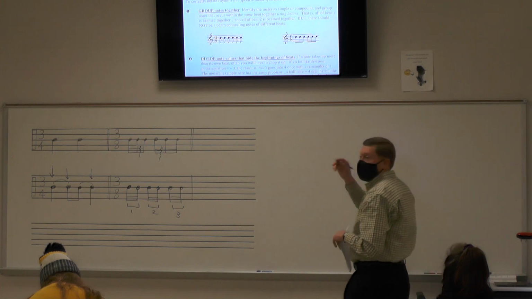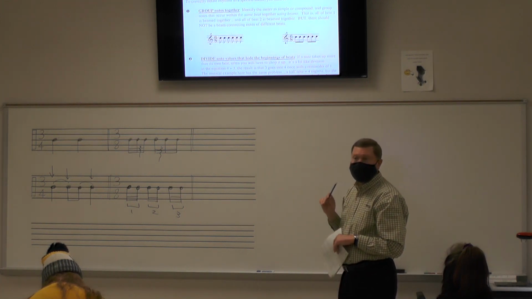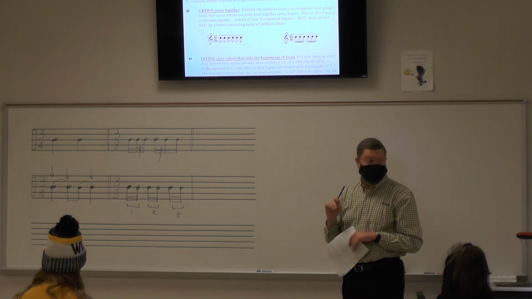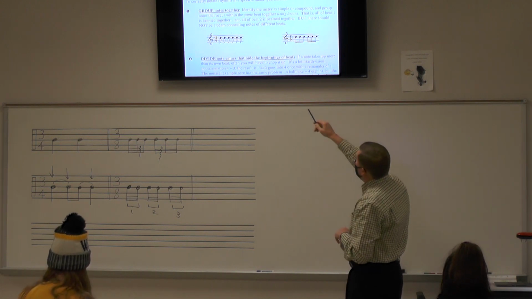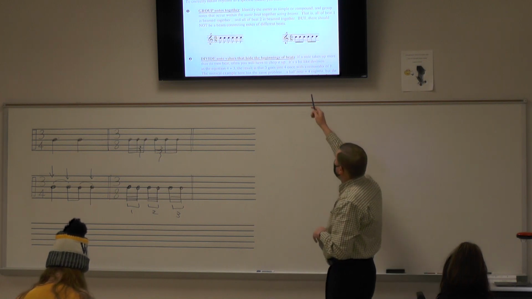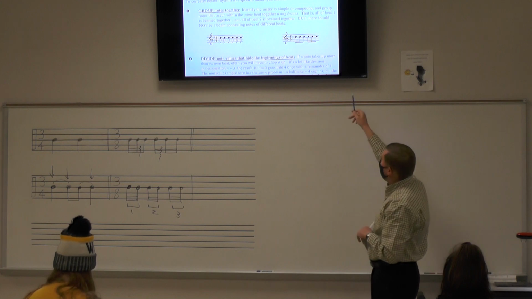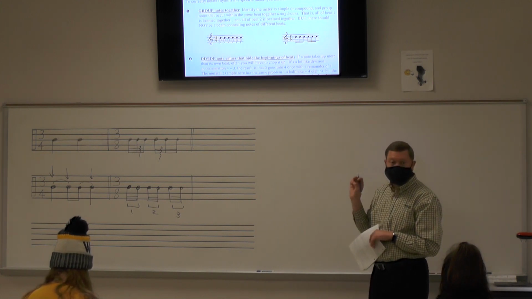But if I group them up properly, that is, we know 6/8 is compound duple, right? Duple means we have 2 beats in a measure. So if we group notes that occur within the same beat together using beams, that is, you see over here how the first 3 is grouped together, and the second 3 eighth notes are beamed together. That clearly shows the 2 beats.